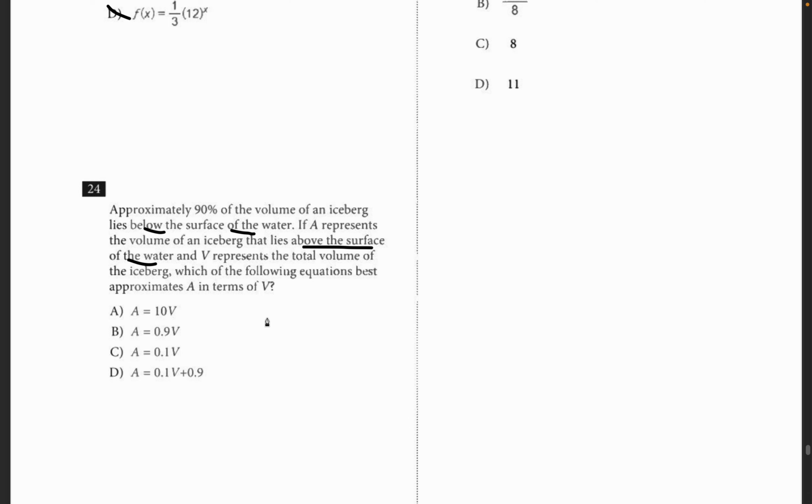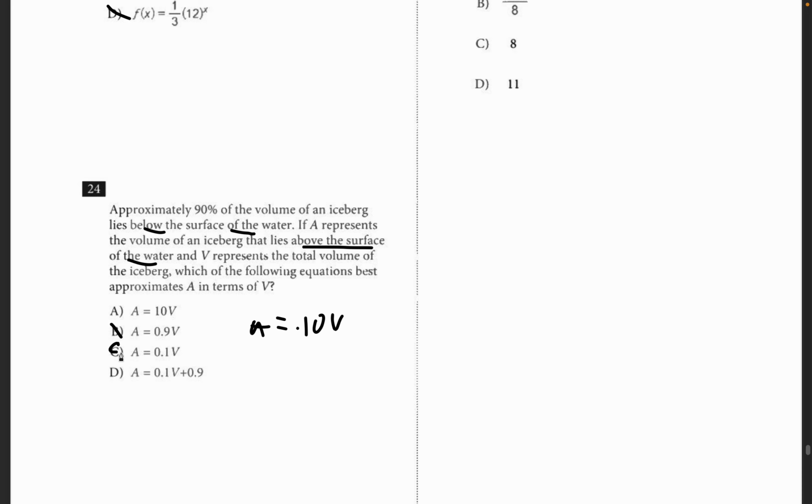We don't use the 0.9, because it's below. So how much will lie above? It's 10% of it. So A equals 0.10 of the total volume, to find the amount of the iceberg that lies above the surface of the water.